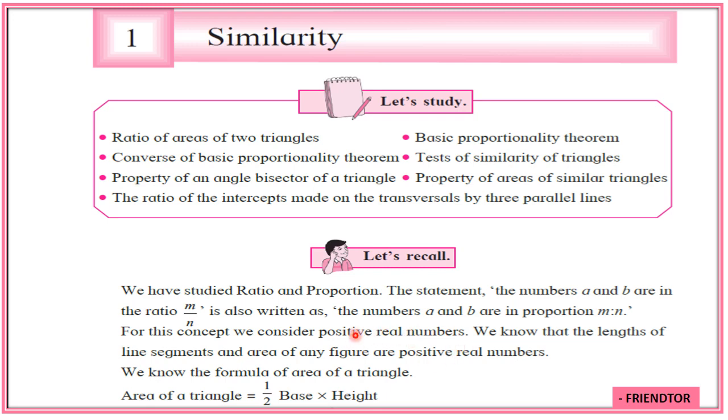Because here we will be considering the ratio of the lengths of sides of two figures, and for any figure the length of the sides will always be positive. We know that the lengths of line segments and the area of any figure are positive real numbers. The area, the length, everything is positive. So in this concept too we will be considering positive real numbers.